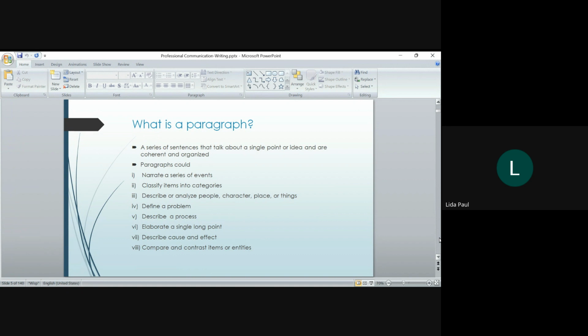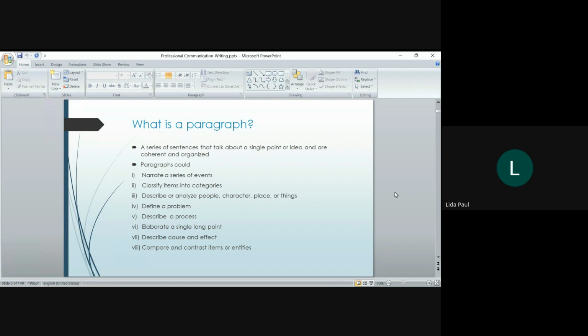Single point. This is very important. This particular part given here, single point or idea, is a very important feature as far as paragraphs are concerned. While we talk about the idea of coherence and cohesion, this point about single point and idea will come back at that time. So you have an idea, you have a point to talk about.